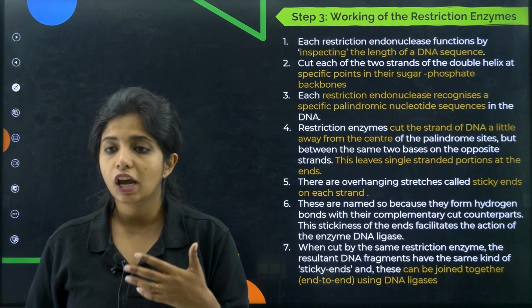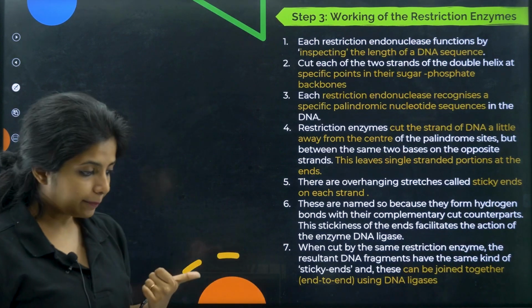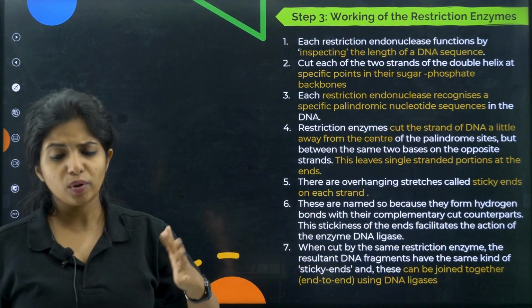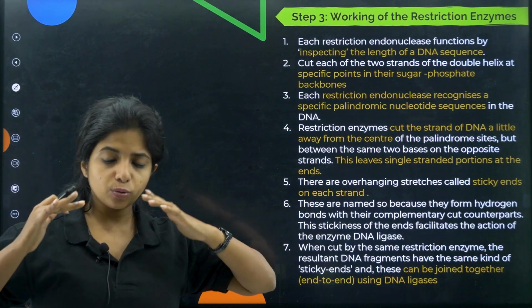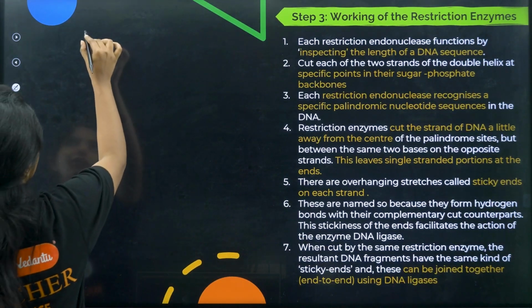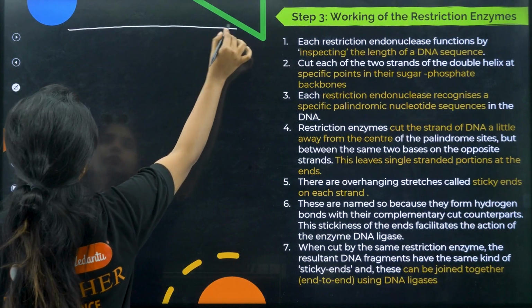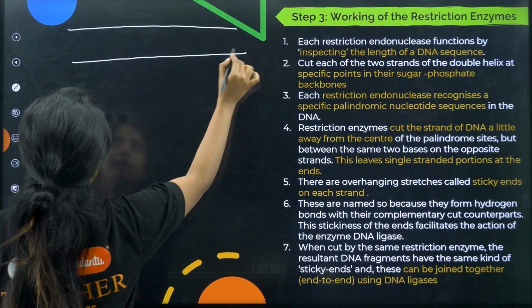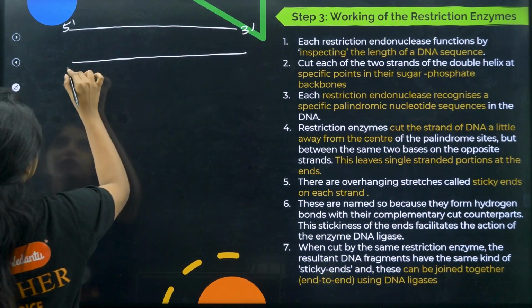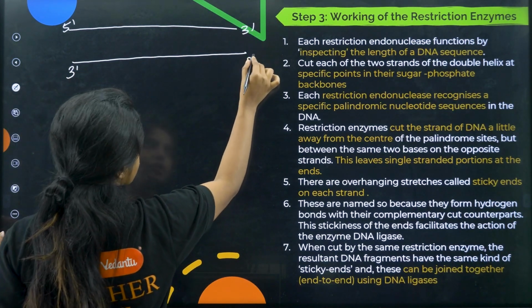How do you think they work? There are certain important points here, but before getting into them, I want to explain certain things. So watch very carefully. I have the DNA, children. This is the DNA strand, where this is 5', this is 3', this is 3', and this is 5'.